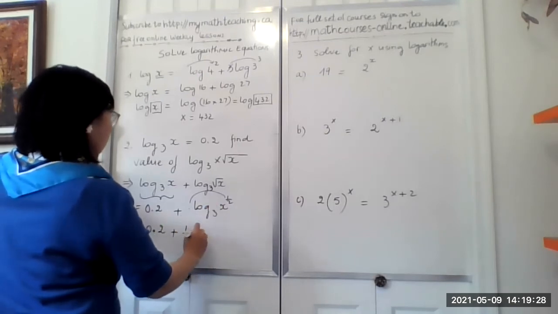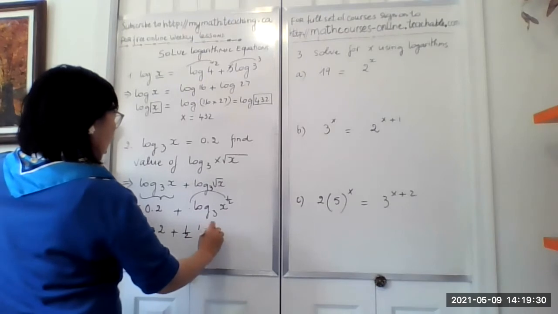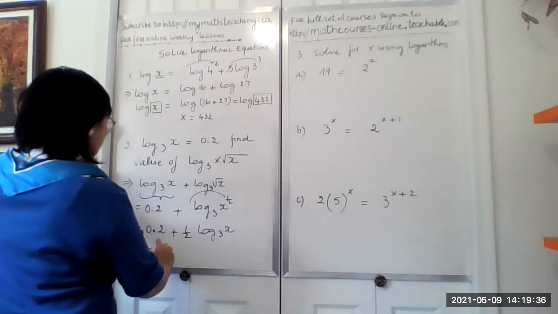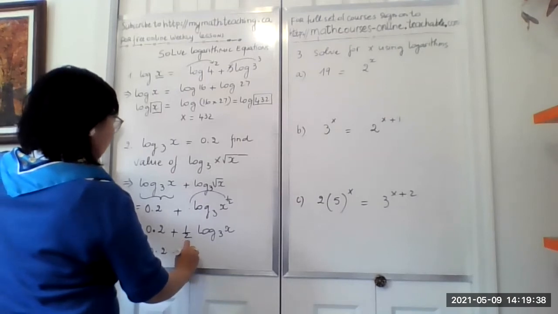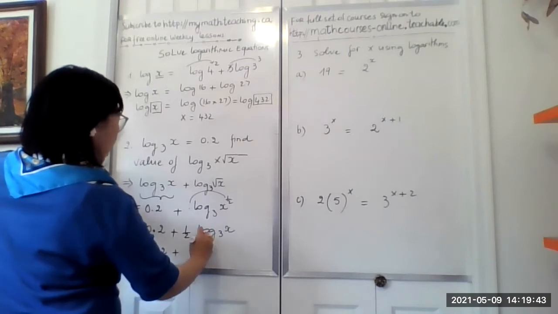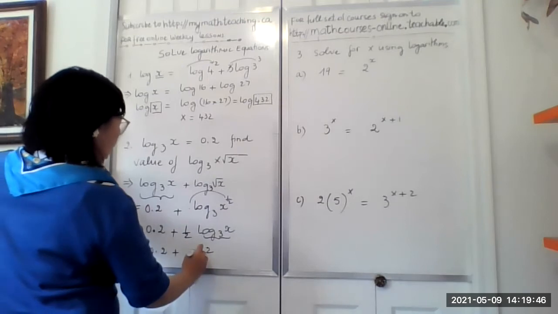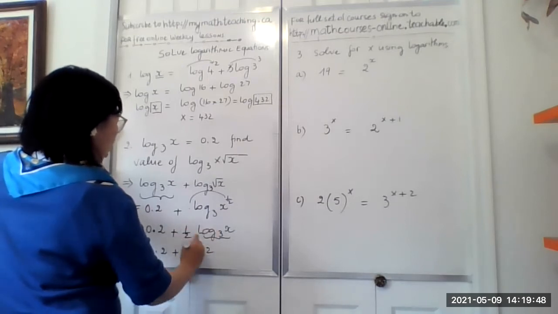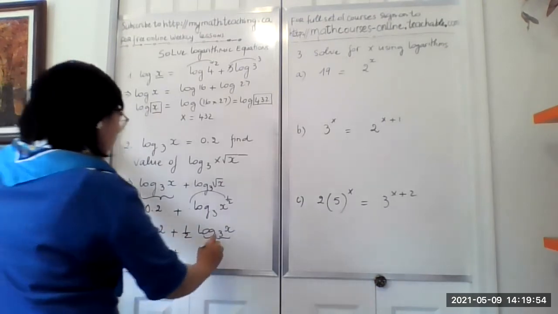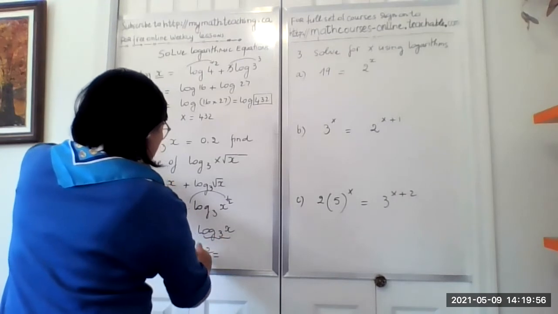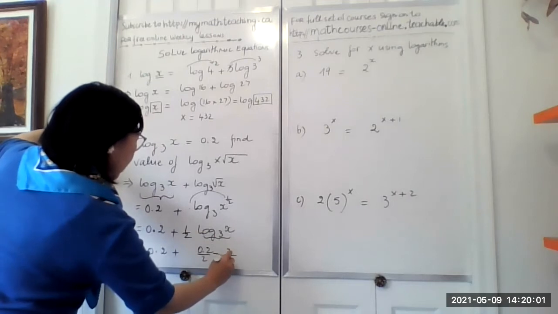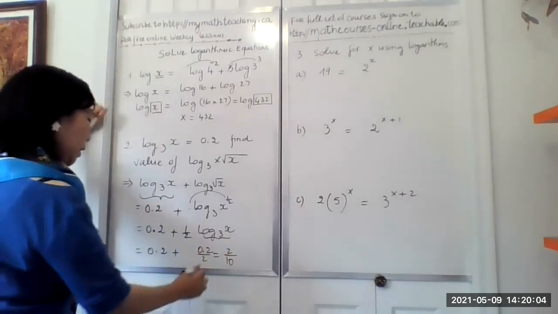Adding with 1/2 log base 3 of x. So that will give me 0.2 adding with 0.2, because this equals 0.2, divided by 2. I can change 0.2 into 2 over 10, the same as 0.2.